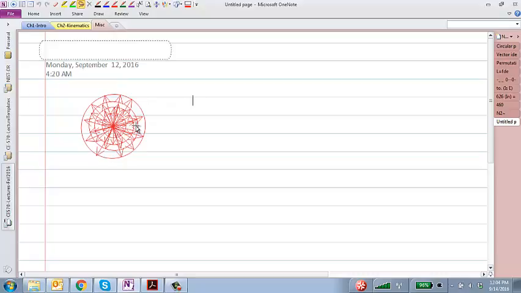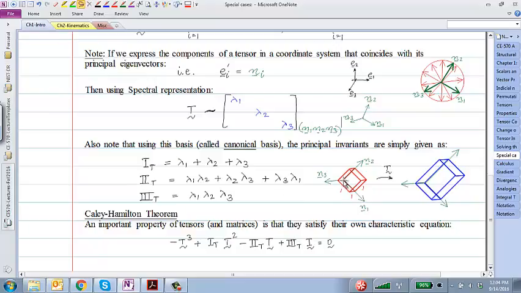Which 3 vectors? I'm going to ask you to consider a unit vector along n1, a unit vector along n2, a unit vector along n3. Okay, so the sides, if you put all of these 3 vectors as the sides of a cube, all of these sides would measure 1, and their directions are along these eigendirections.